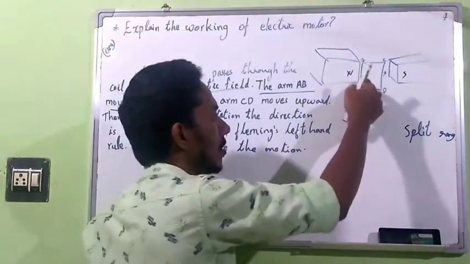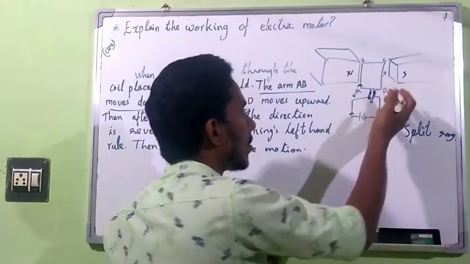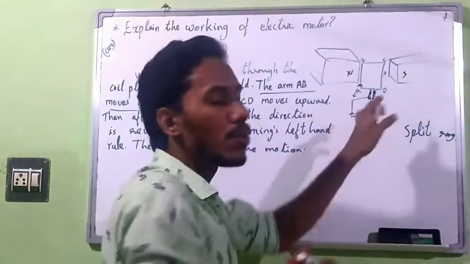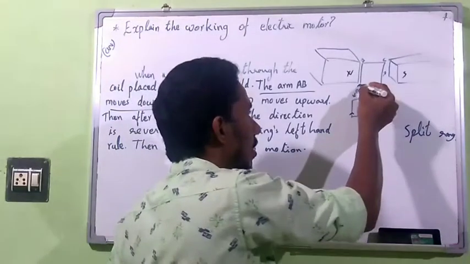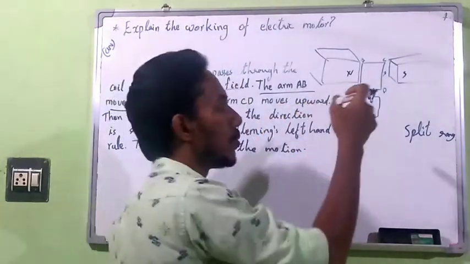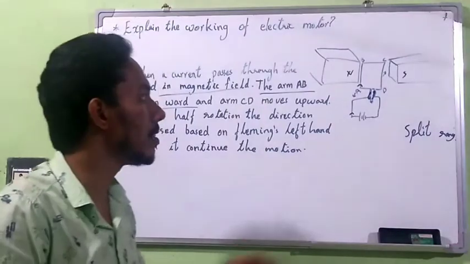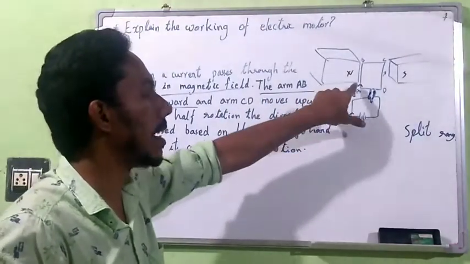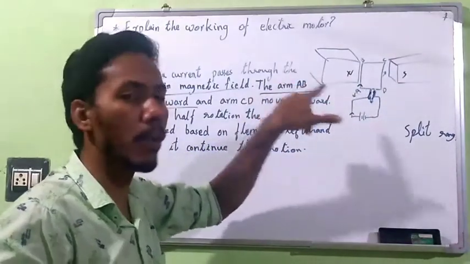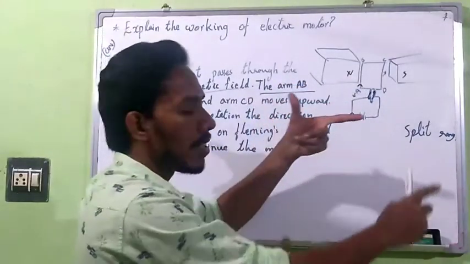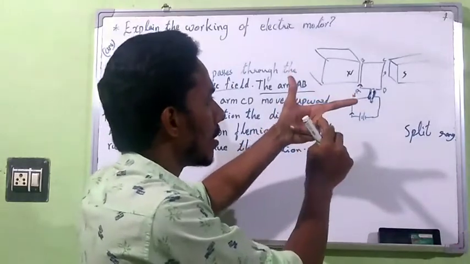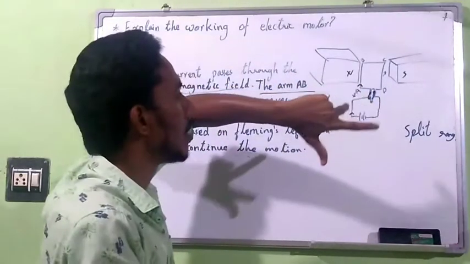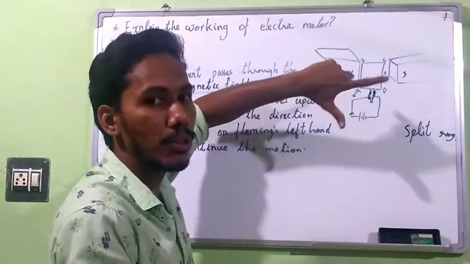This armature is placed in between these two magnets. Look at this figure in a three-dimensional way, then you get that the current I is into the board. So the direction of the magnetic field is here and the direction of current is into the board.